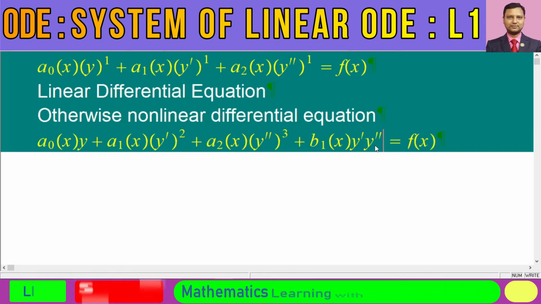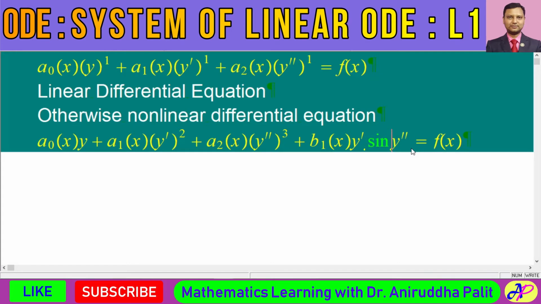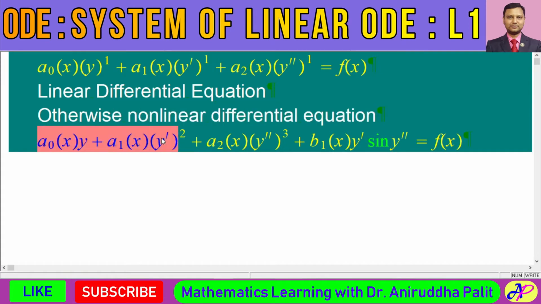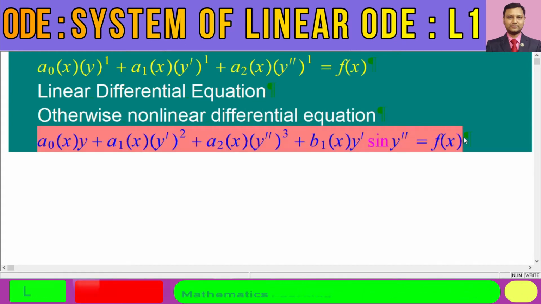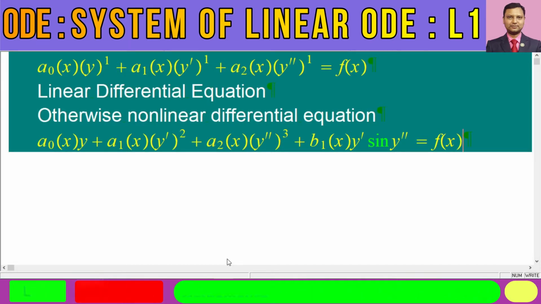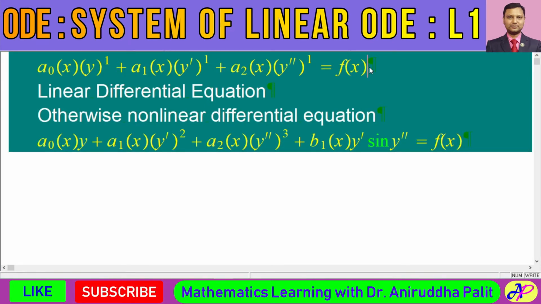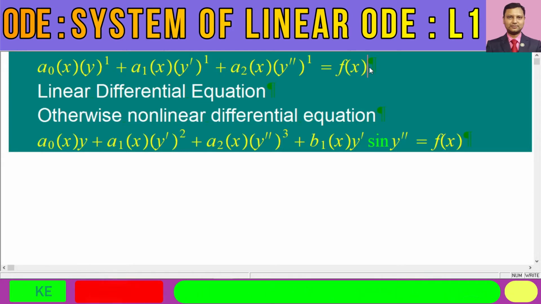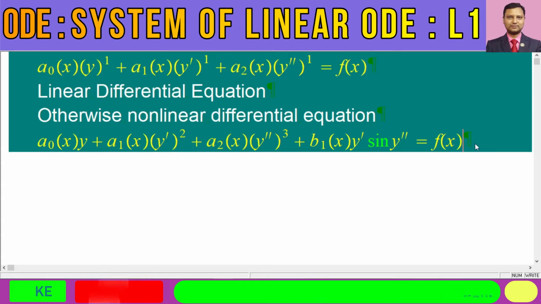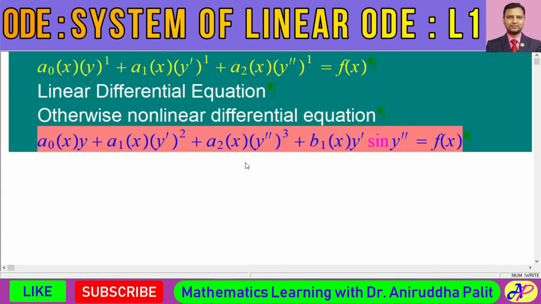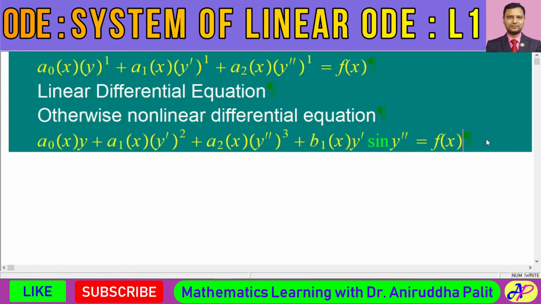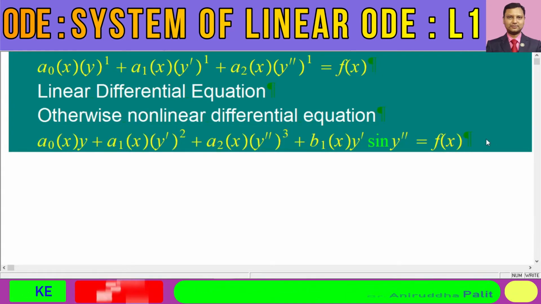We could also have maybe sine of y prime. So these are all examples of nonlinear differential equations. In case of differential equations, we actually have mainly two categories: one is the linear differential equation and another is the nonlinear differential equation. Hopefully the difference between linear and nonlinear differential equations is clear.